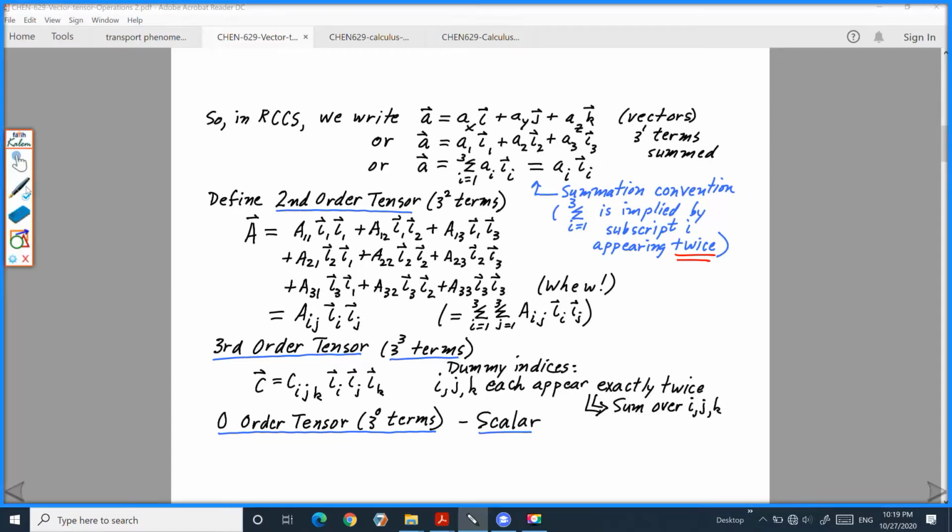Continuing our discussion, in rectangular coordinates we can write any vector in this form, or we can reduce this form. This form is called the summation convention, coming from Einstein. We can even reduce it to this form.